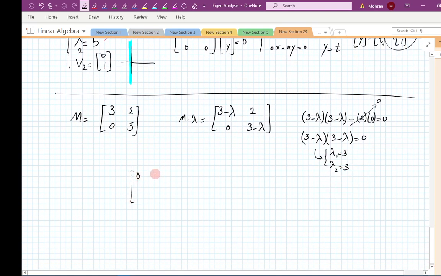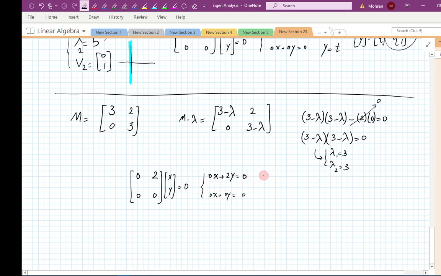I get 0, 2, 0, 0. Okay. Multiply by x, y. We find the null space of that. What does my equation lead to? 0x plus 2y is equal to 0. And the second equation, just like what we had before, is 0.